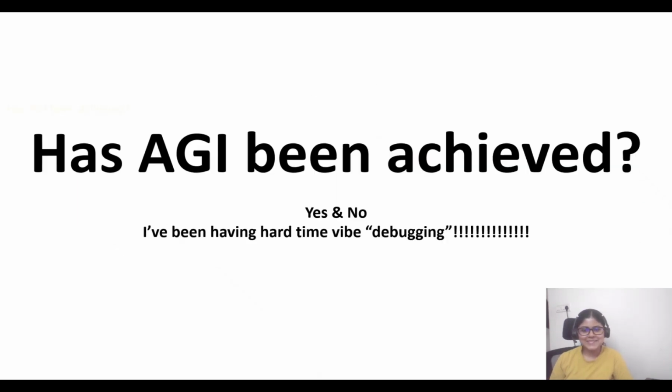So on that note, you must be wondering, since agents can take decisions and can go about and perform tasks, has AGI been achieved? Artificial general intelligence is considered the human level of thought process. That's not true, but I won't completely disagree as well.